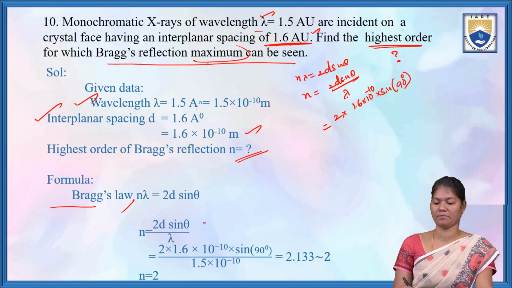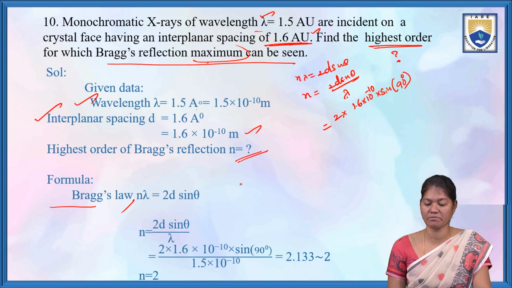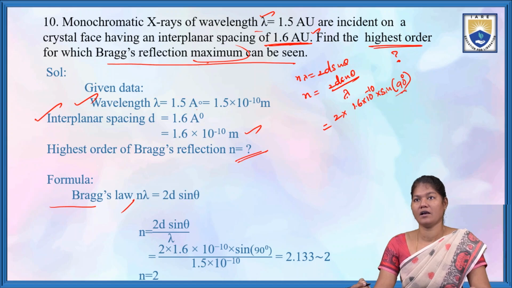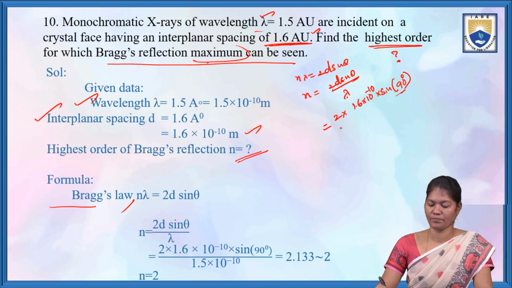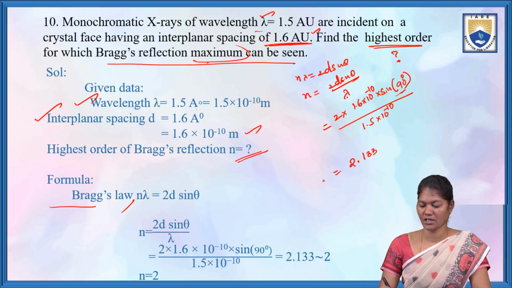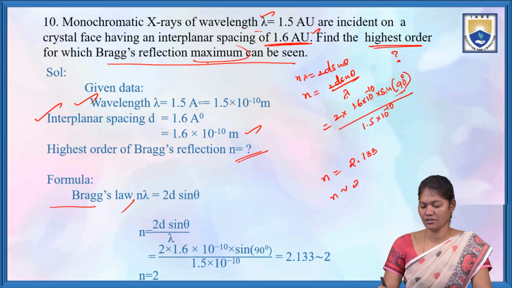Lambda is 1.5 × 10^-10 meters. Calculating this, we get n equal to 2.133, so it is nearly 2.